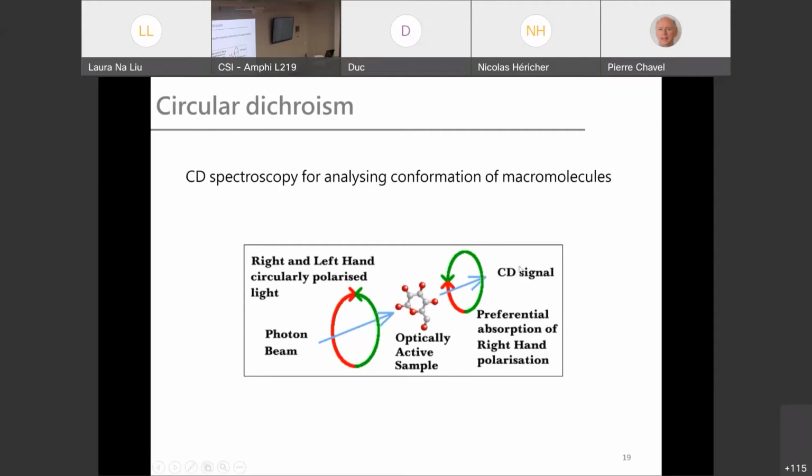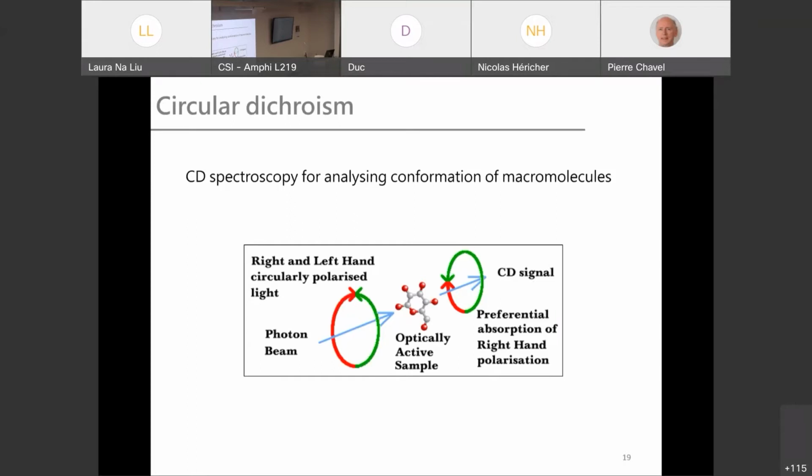So then I measure the absorption difference when the chiral molecule interacts with left-handed and right-handed circularly polarized light. The resulting CD signal is very sensitive to the conformation change of such chiral molecules, and that is why CD spectroscopy is very suited and popular to analyze different enantiomers.